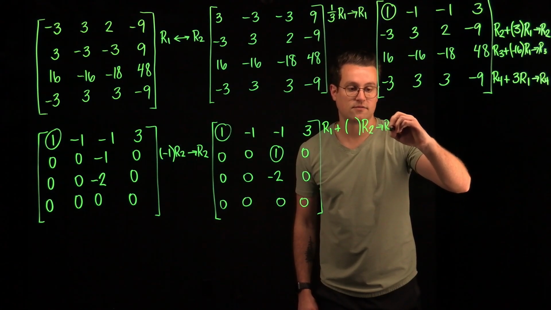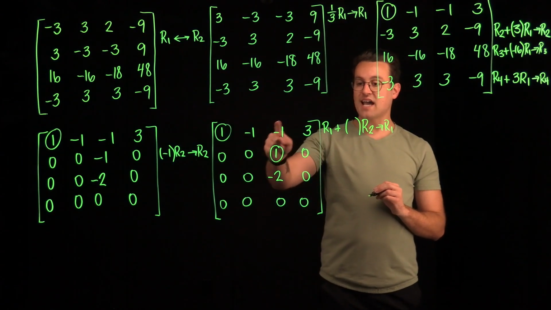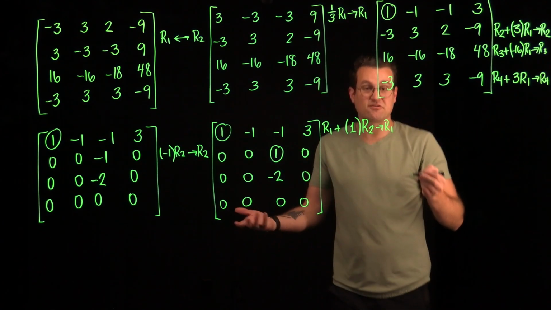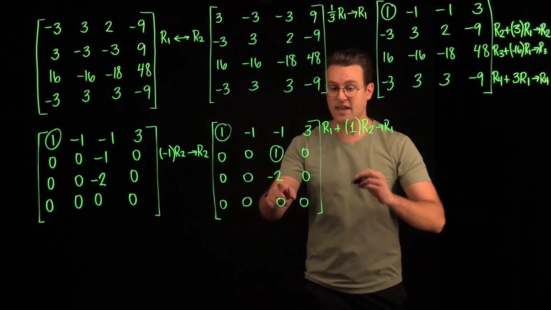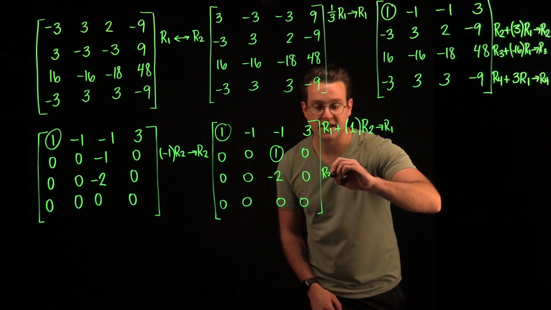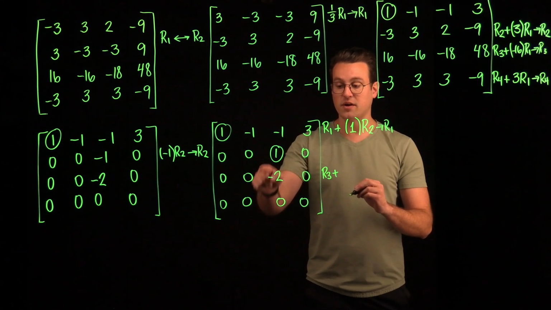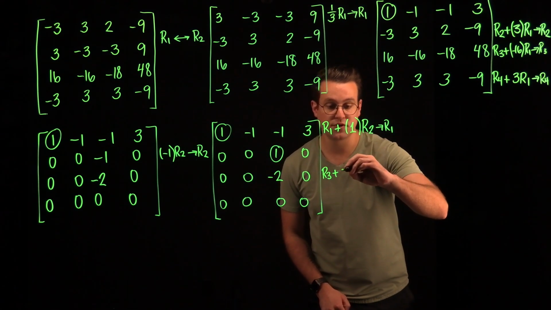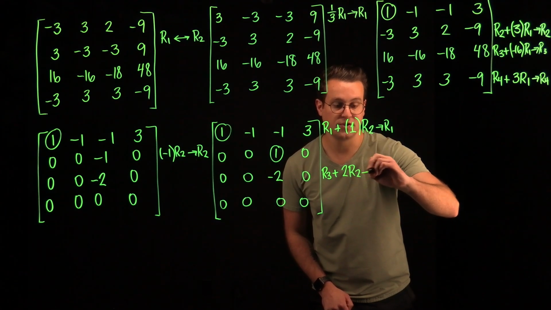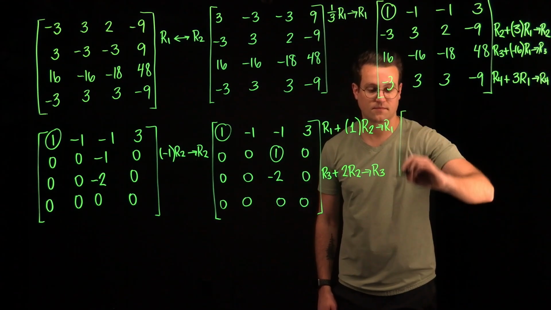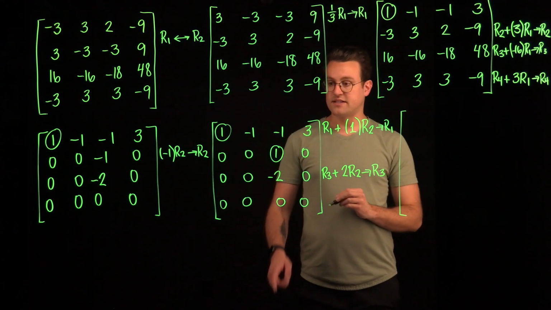That will replace row 1. And I want the opposite of this entry, so 1. So basically row 1 plus row 2. Then in row 3, I want row 3 plus some multiple of row 2, and it's going to be the opposite of -2, so 2, row 2, will go into row 3. Okay, let's see what we get.